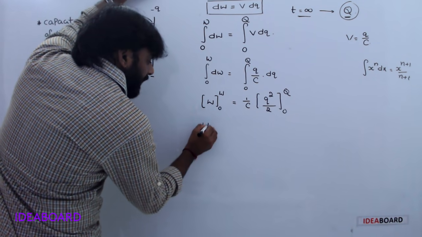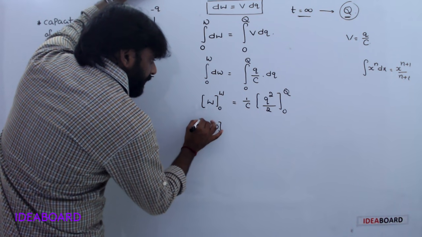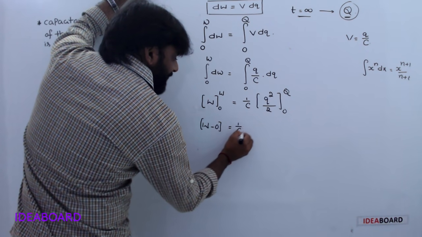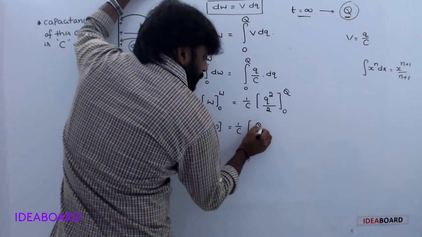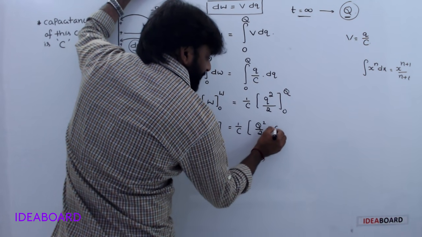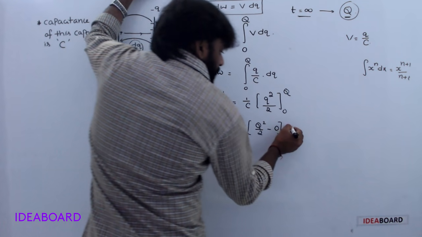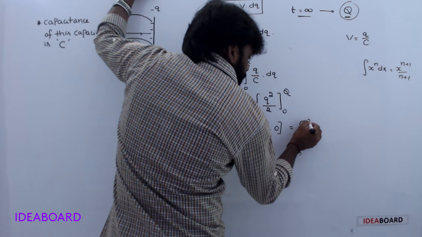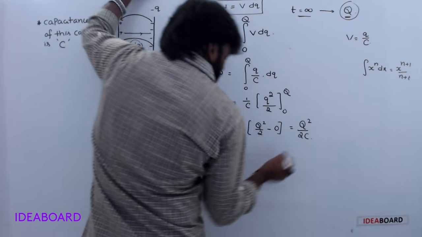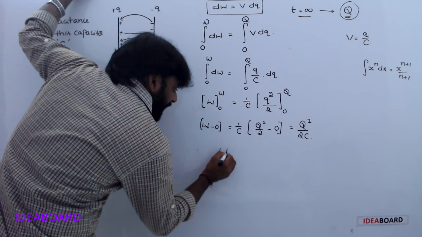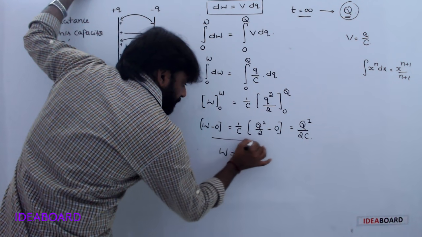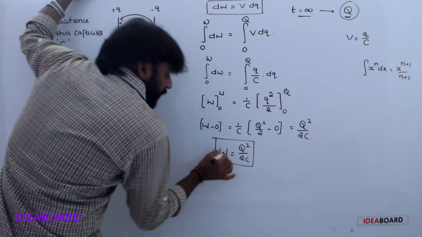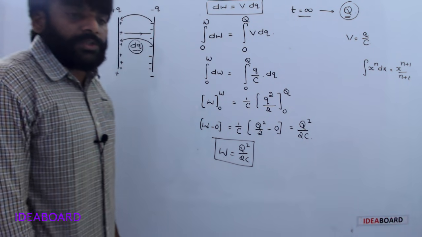Work done W minus 0, 1 by C. So upper limit is q square by 2 minus 0. Simply q square by 2C. Work done is equal to q square by 2C.